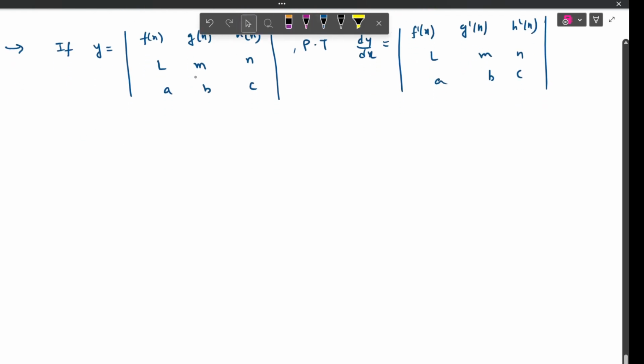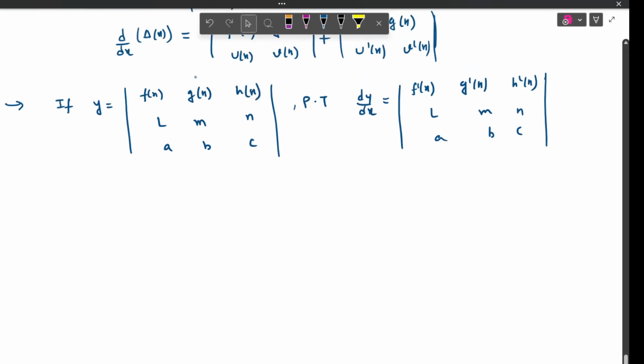Now see here, y is the determinant of this. We know that in order to differentiate, you have to do it through any row or any column, right?